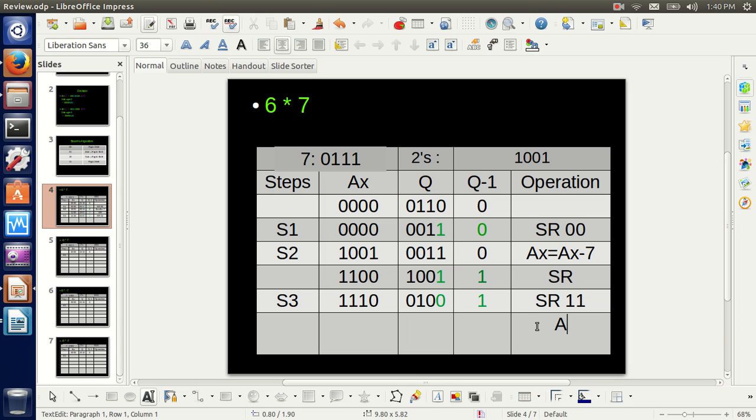I'll do AX equals AX plus, what was it, plus 7. So I'm gonna add this to 7, to this. So let's see what we'll have, and let's do it here.